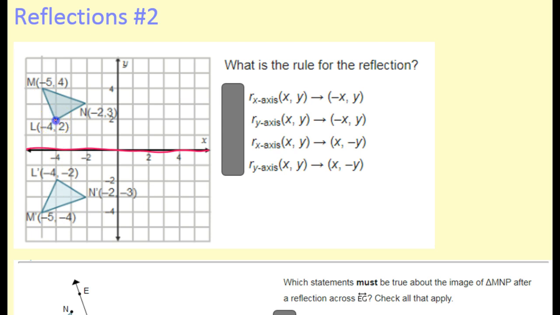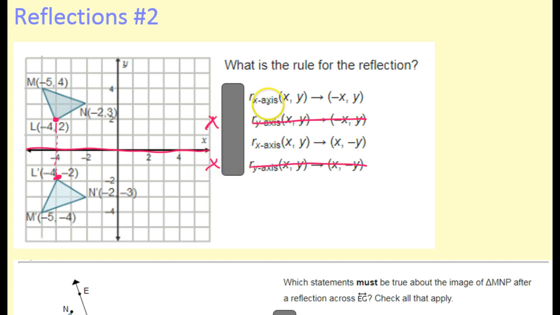You know what I mean? So for example, this point and this point, alright, the pre-image and the image, boom, clearly they're being reflected like a mirror over this line, the x-axis. So that means we are not talking about the y-axis, so we can throw out this and this as a choice. Okay, it's not going to be either of those.